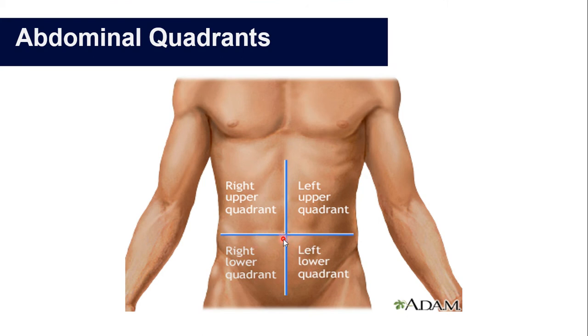The abdominal wall is divided through the center here, which is your umbilicus. It forms the center of your abdominal quadrants. We are going to discuss the organs after we discuss the abdomen 2, or at the start of abdomen 2.